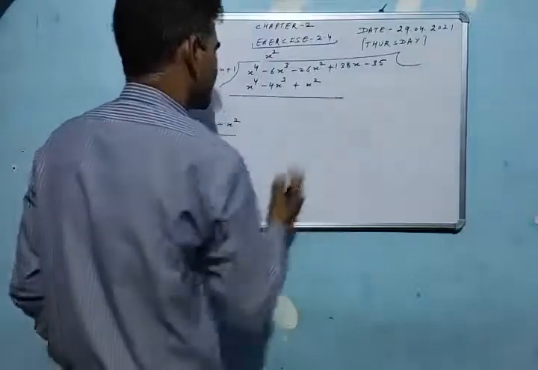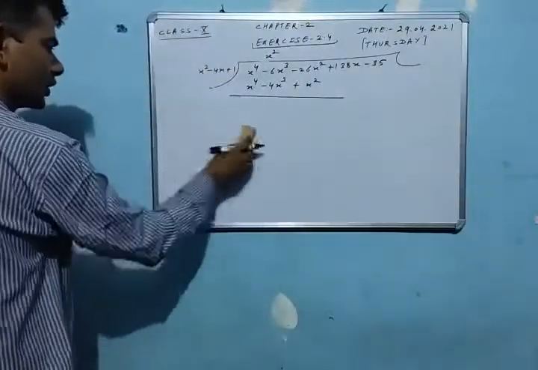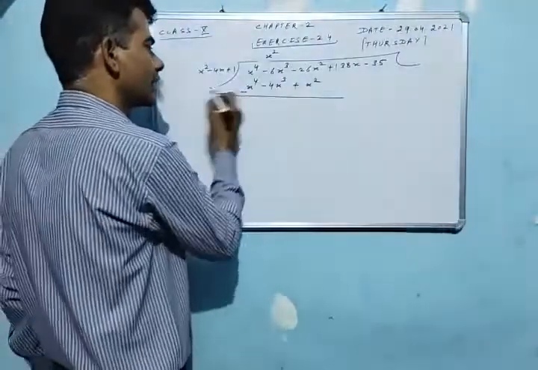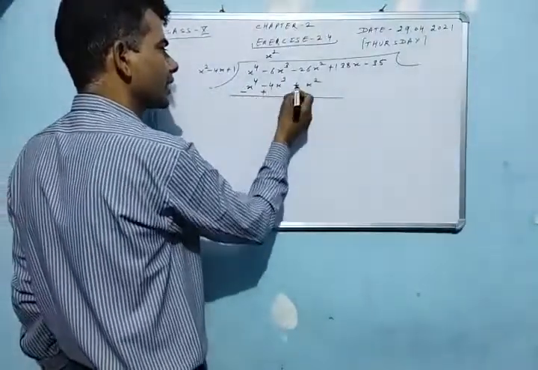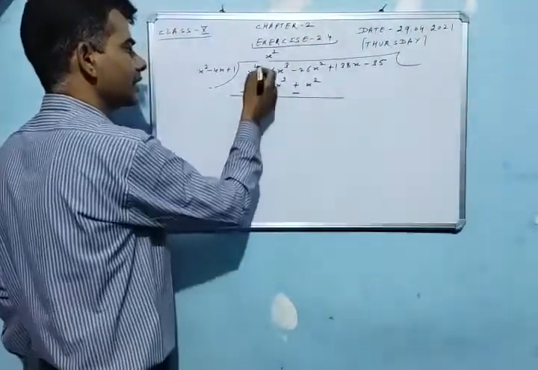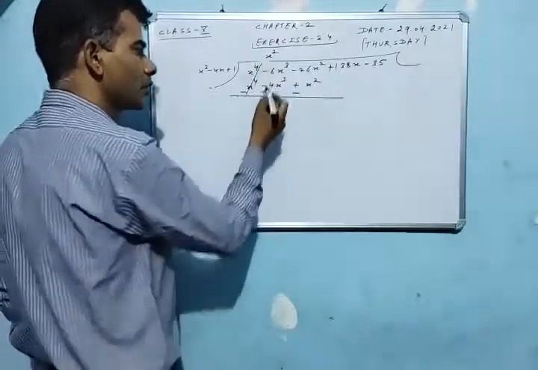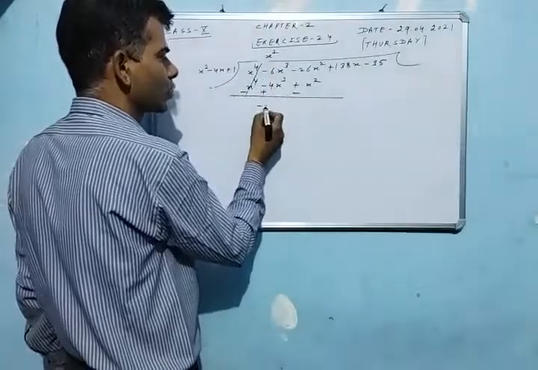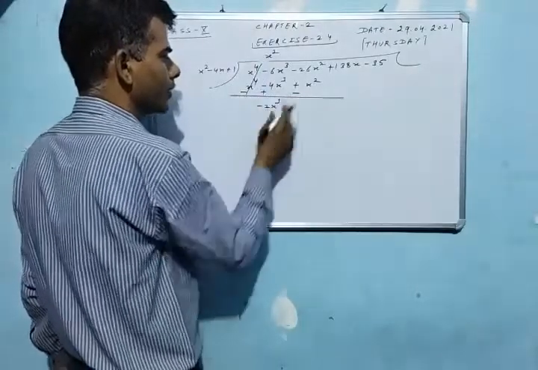Now students, when subtracted, the signs will be changed: plus changes into minus, minus changes into plus. The x raised to power 4 terms will cancel out. Now students, minus 6x cube plus 4x cube is minus 2x cube.